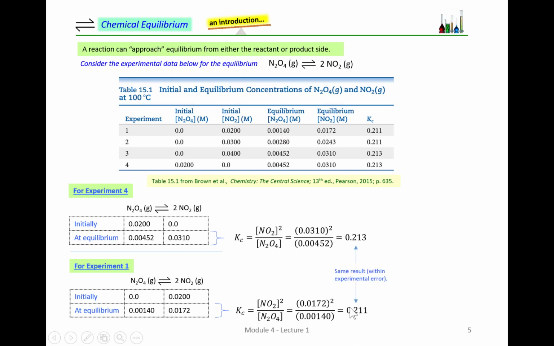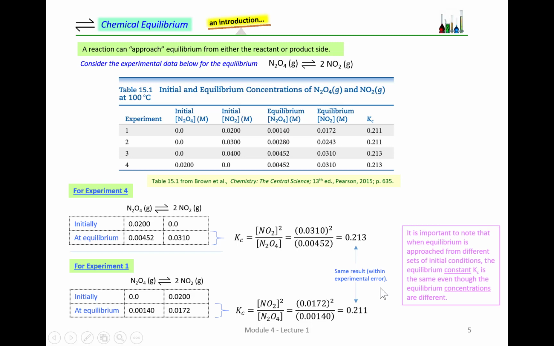So what we've done is we've approached equilibrium from the reactant side and from the product side, and we get the same equilibrium constant, which we should if the temperature is the same. So it's important to note that when equilibrium is approached from different sets of initial conditions, the equilibrium constant Kc is the same, even though the equilibrium concentrations themselves are different.